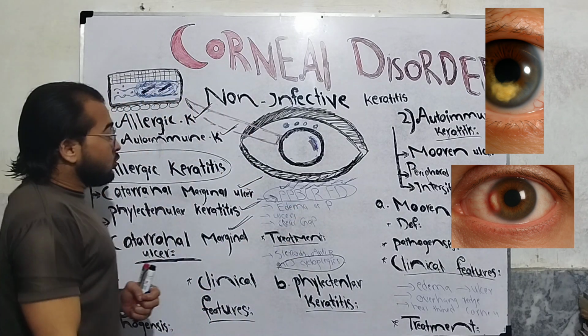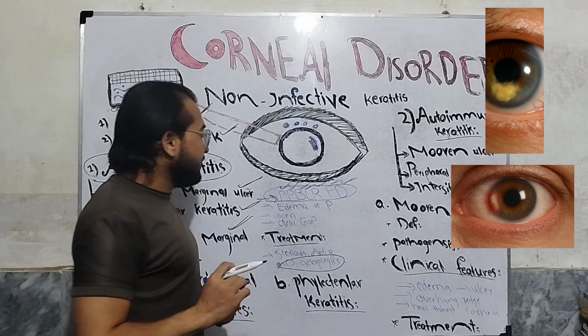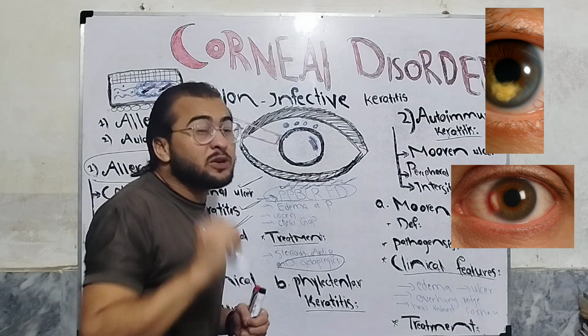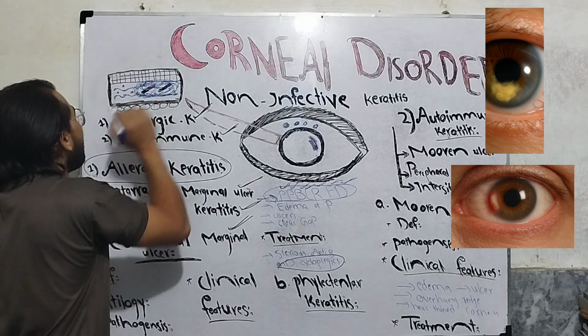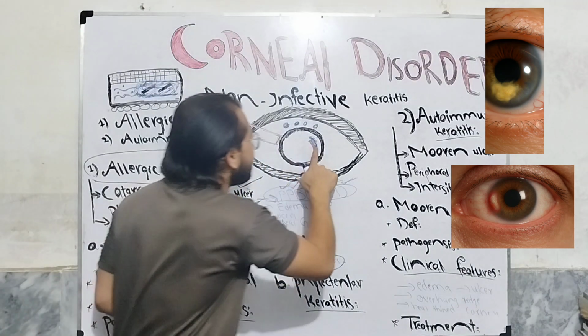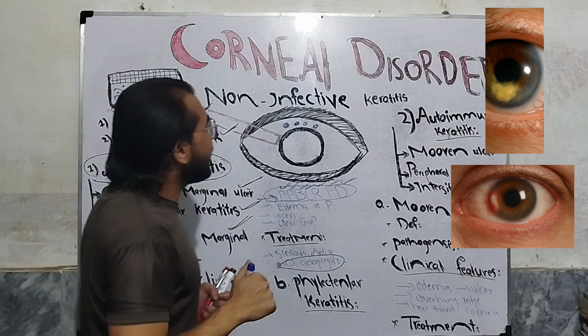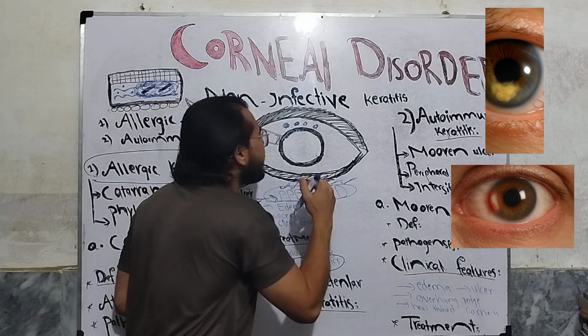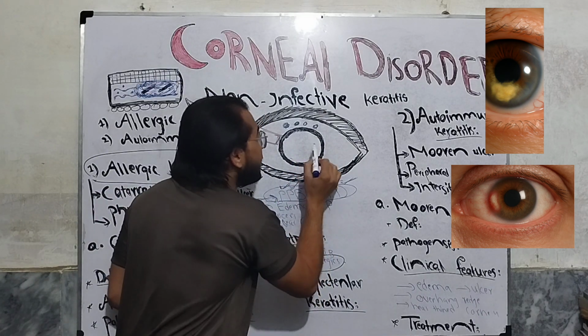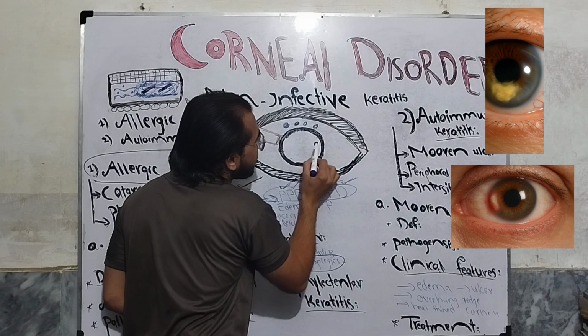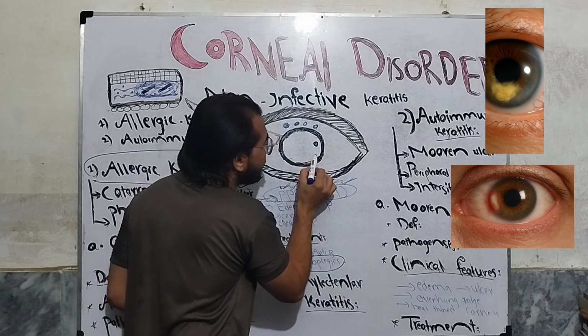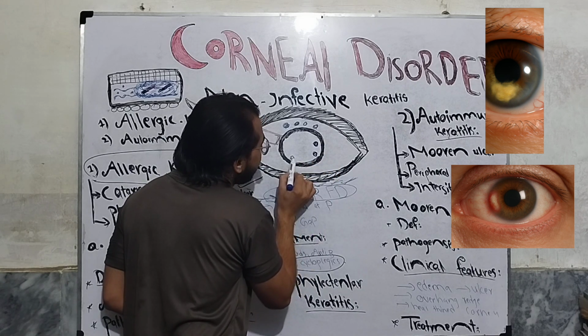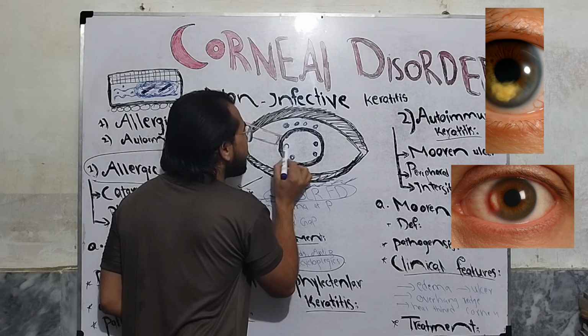So the patient will present to us with these clinical features, plus there is a special phenomenon of this edema. This edema develops in a special pattern. First it will appear at 2 o'clock position, then 4 o'clock, then 8 o'clock and then 10 o'clock.